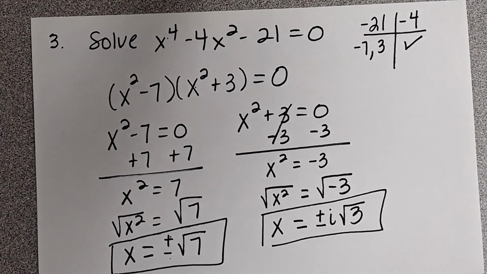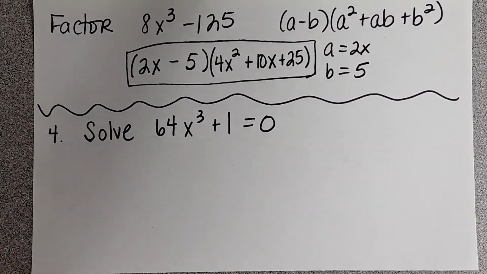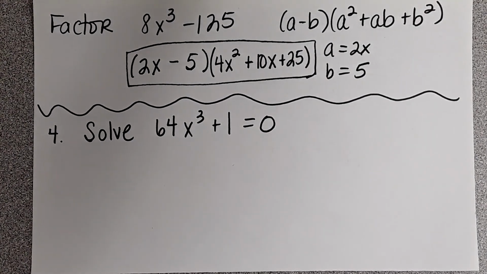Okay, you ready for the last one? Okay, so this has an x to the third, right? So 64 and 1 don't have anything in common, but is 64 a perfect cube? It is, right? 4 times 4 times 4.